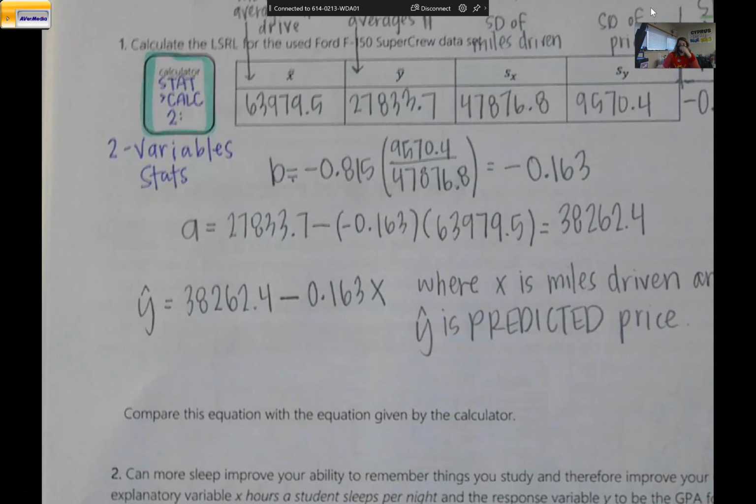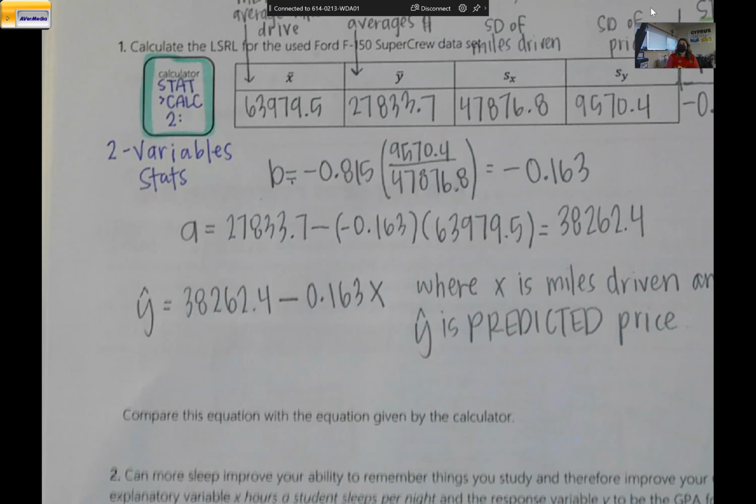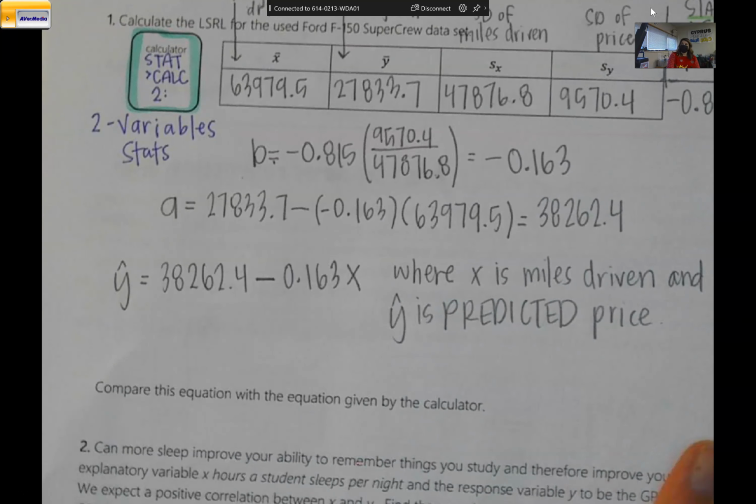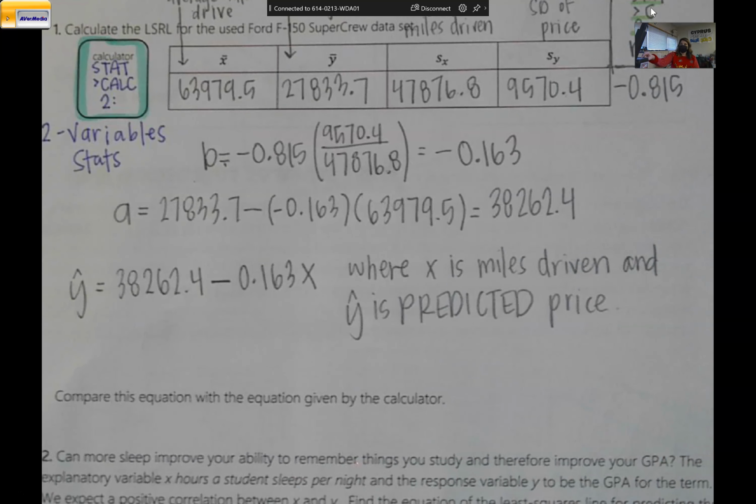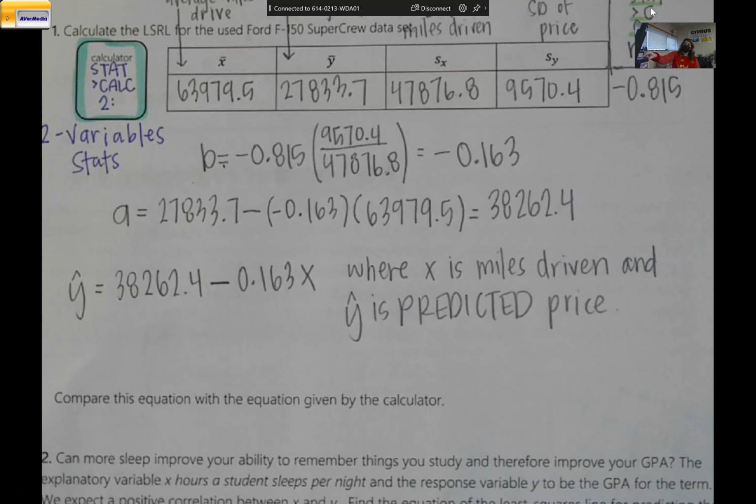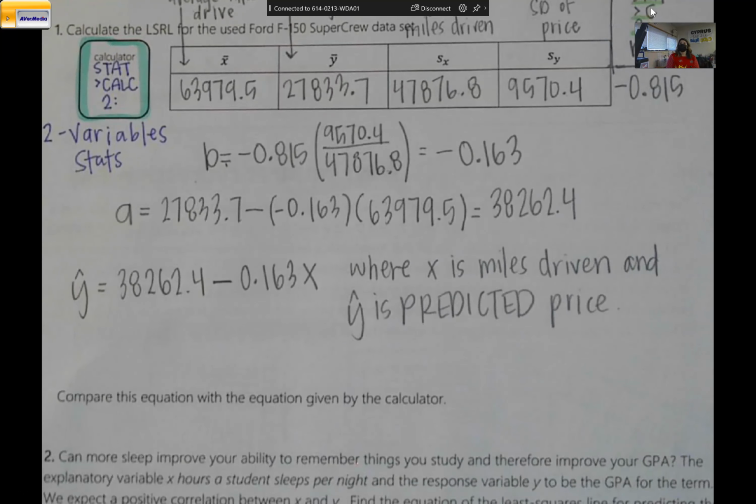Remember, whenever you write a regression line, if it's a free response question, you always have to define your variables. If it's a multiple choice, you get lucky and can just select the answer.